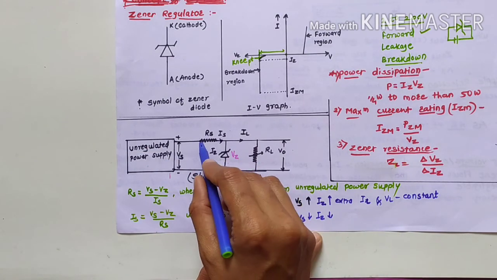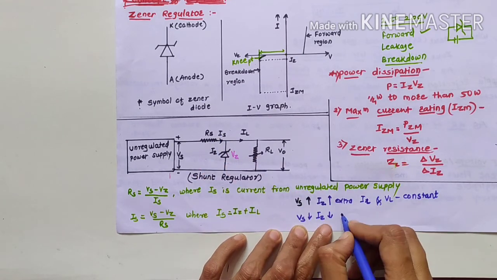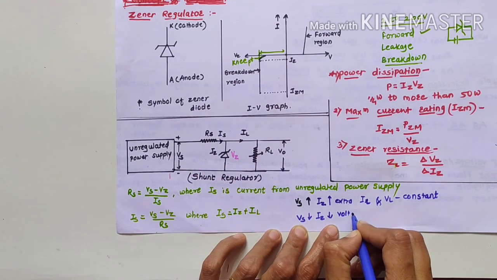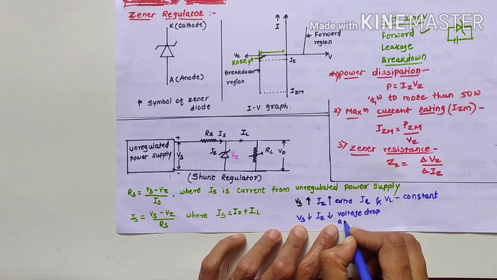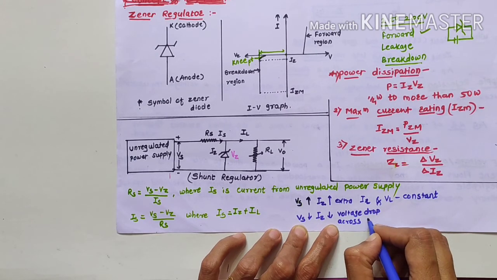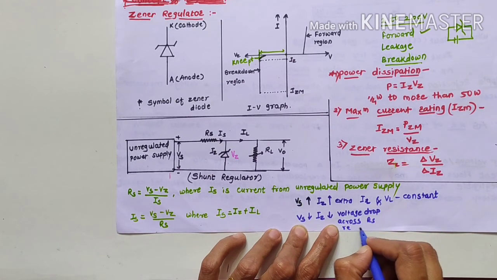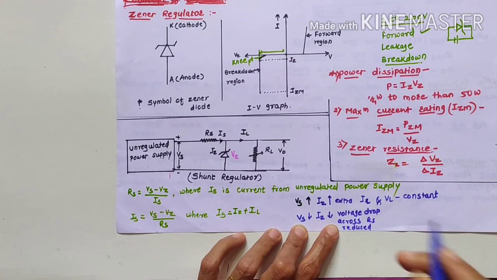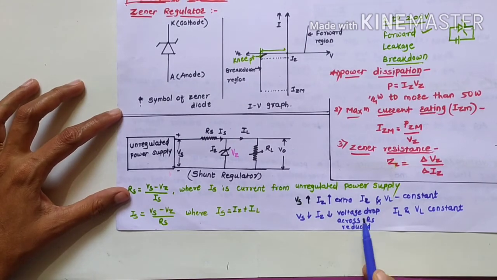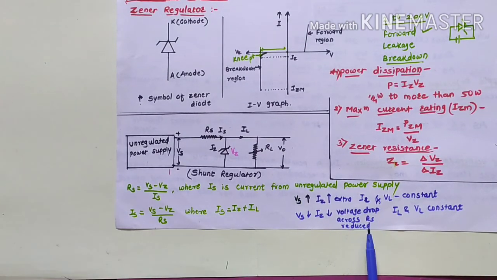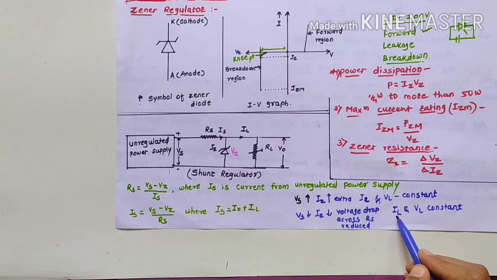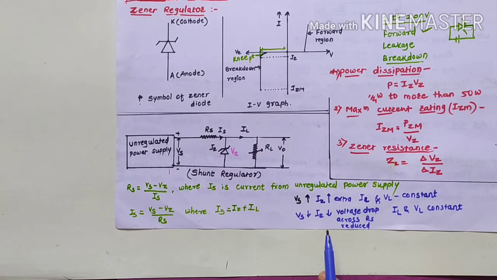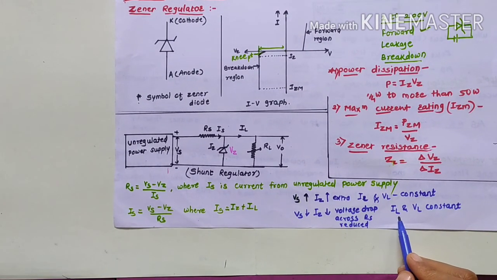Now students, as the voltage drop across Rs is reduced, this reduced voltage makes IL constant.